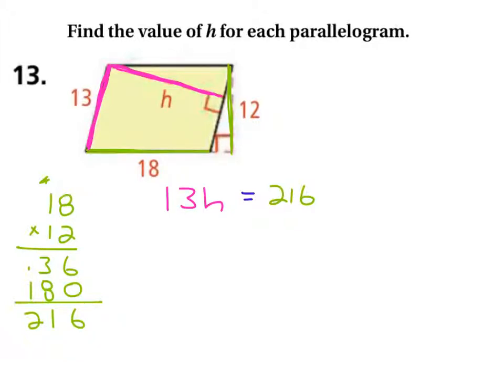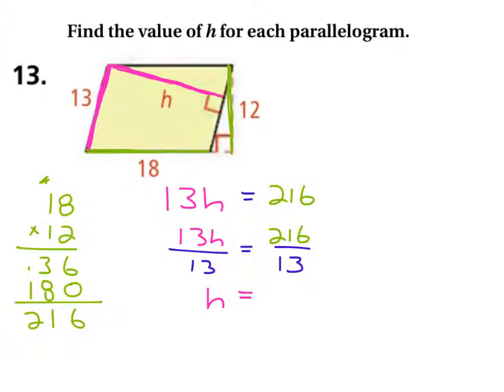So how do we then solve for h? Well, we've got to divide both sides by 13. So we've got 13h divided by 13 equals 216 divided by 13, and we get h is equal to. Now, this is an important bit.